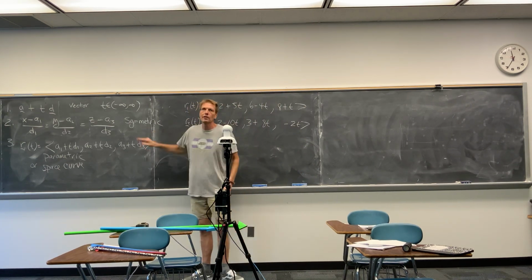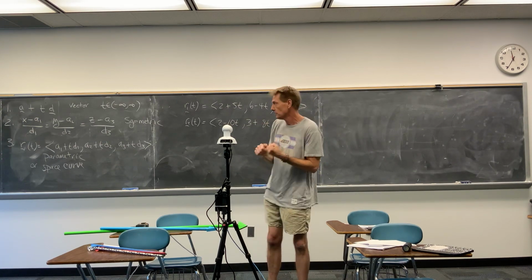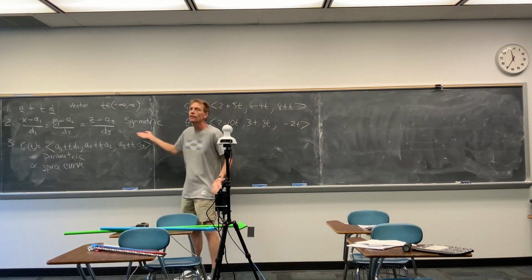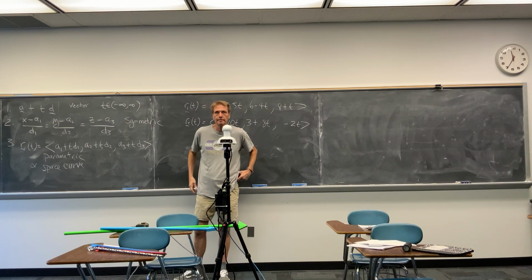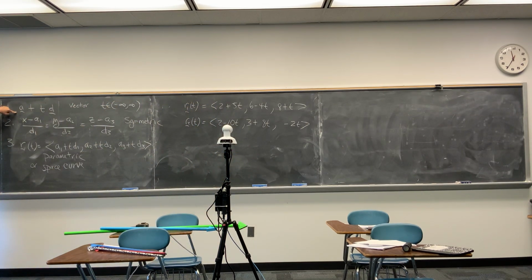The next form of the line is the symmetric form, the classic form before vectors. I call it the Descartes form of the line. If you have A plus TD, it's super simple to go to the symmetric form.